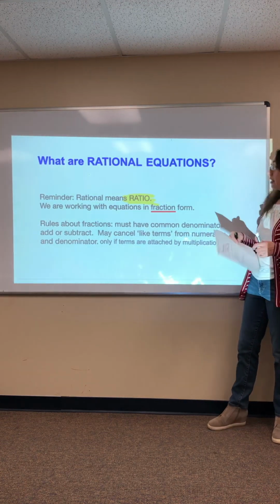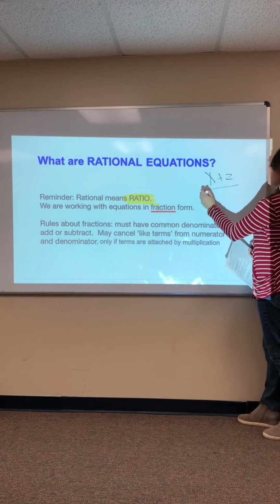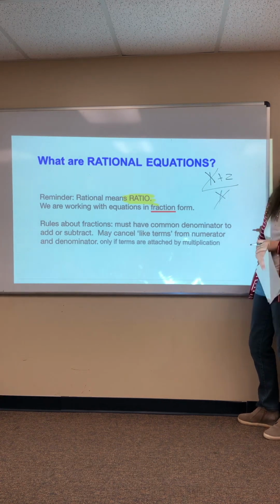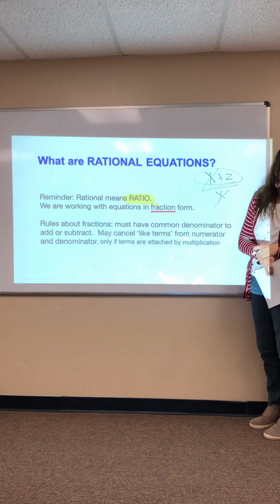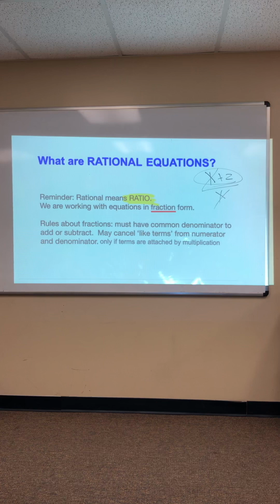So if we have x plus 2 over x, we are not allowed to cancel those x's out because one is attached with an addition sign. Those are our basic final rules that we are working with. If we remember those, we know everything for this.